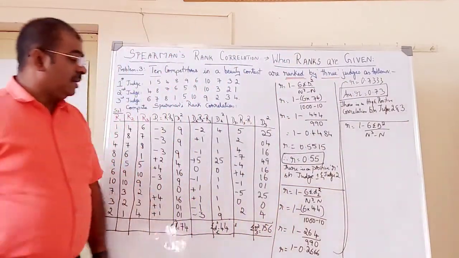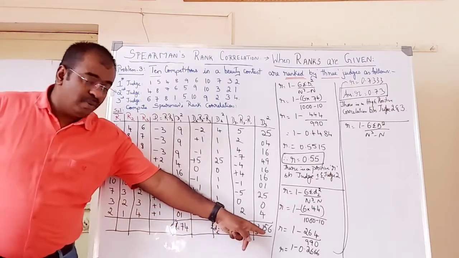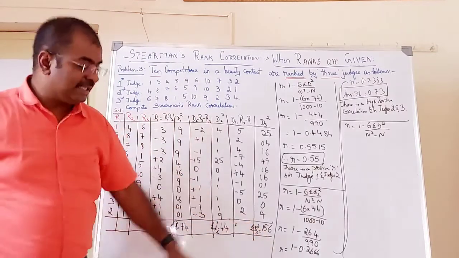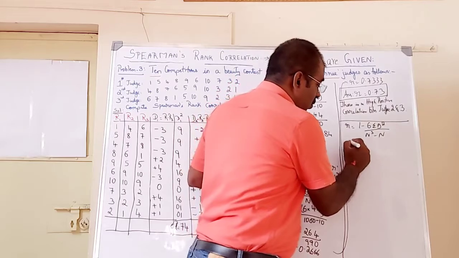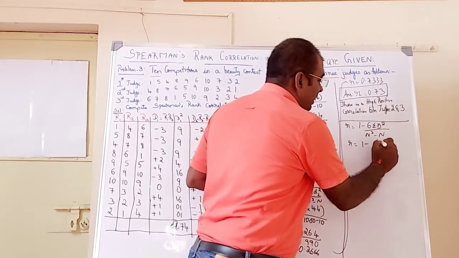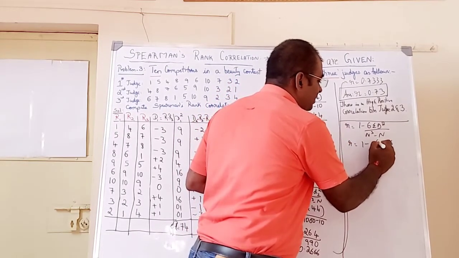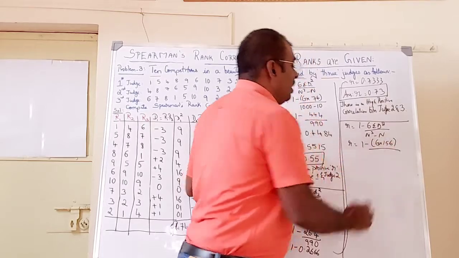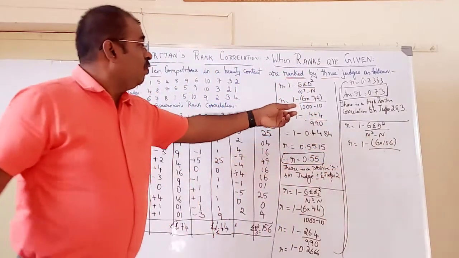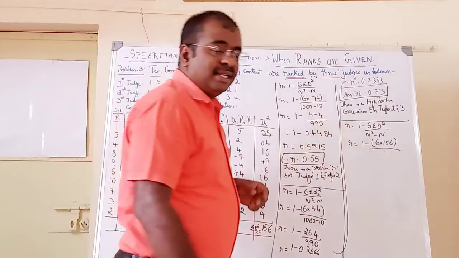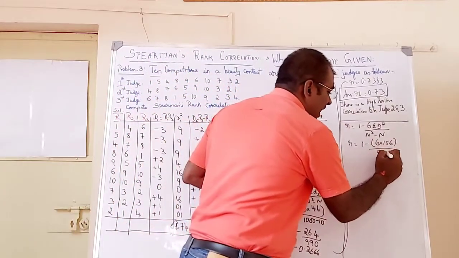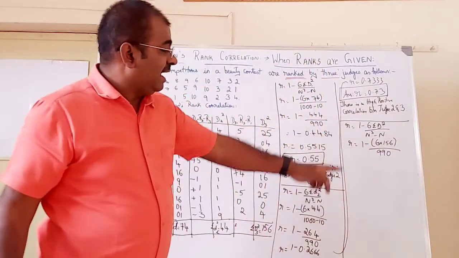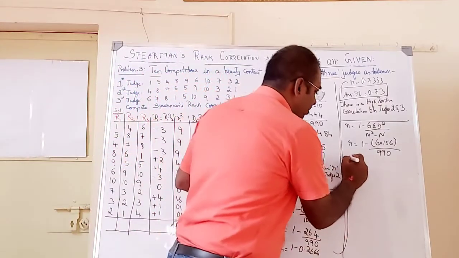Now we know that sigma d square is equal to 156. So R is equal to 1 minus 6 into 156 divided by n cube minus n. N cube is 1000, minus n is 10. So 1000 minus 10 is 990. I have directly written the answer here, denominator.